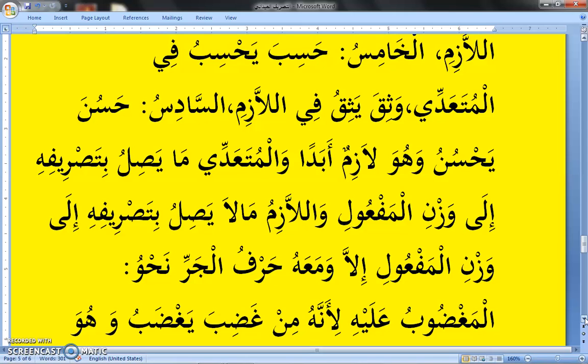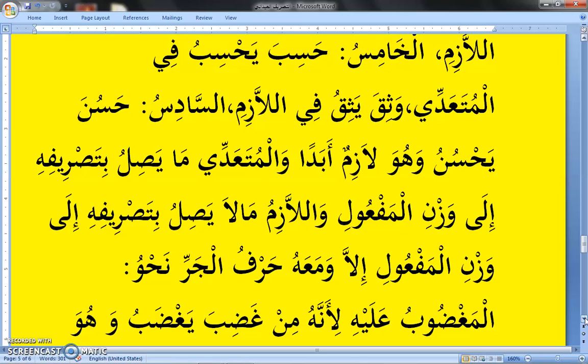والمتعدي, and the متعدي. What do we mean by متعدي? ما يصل بتصريفه إلى وزن المفعول. It is a verb that can reach, with its conjugation, the pattern of مفعول. واللازم, and لازم is ما لا يصل بتصريفه إلى وزن المفعول.